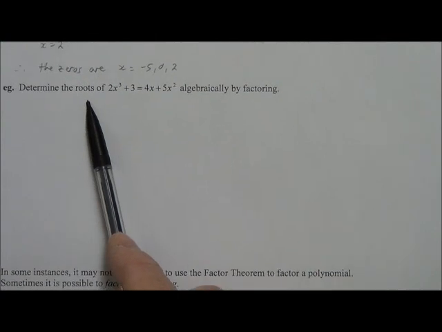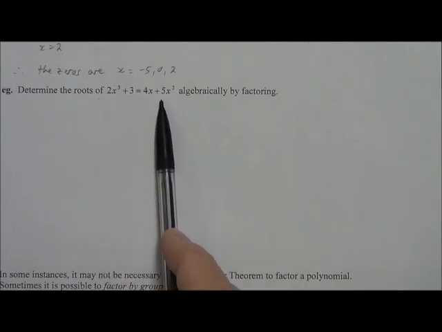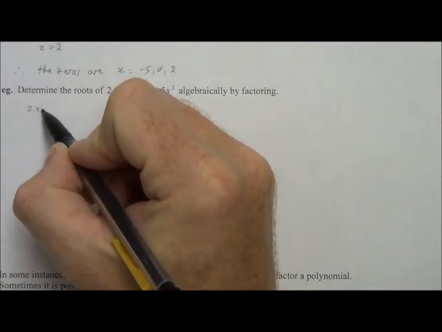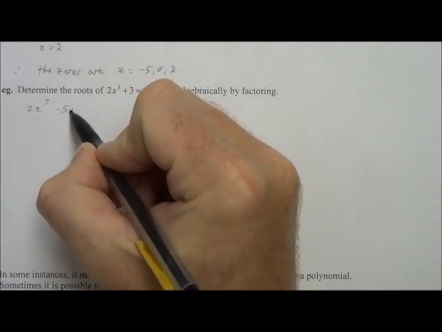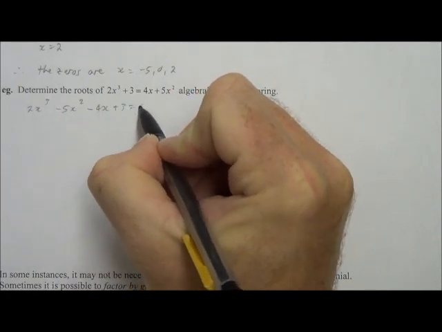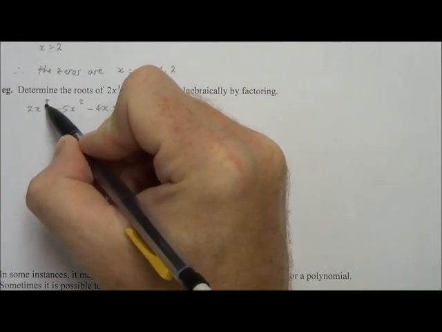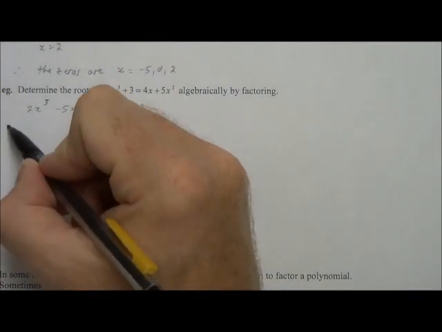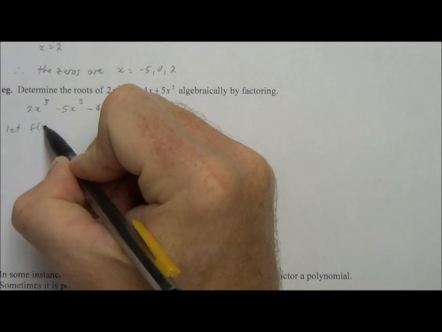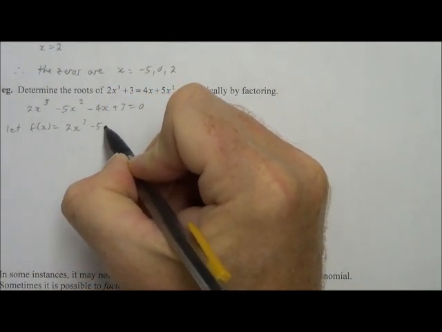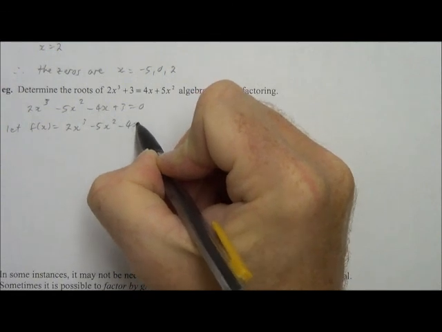So what we can do here is rearrange this equation and set that equal to 0. So when we do that, we would get 2x cubed minus 5x squared minus 4x plus 3 equals 0. So I'm going to let f of x equal 2x cubed minus 5x squared minus 4x plus 3.